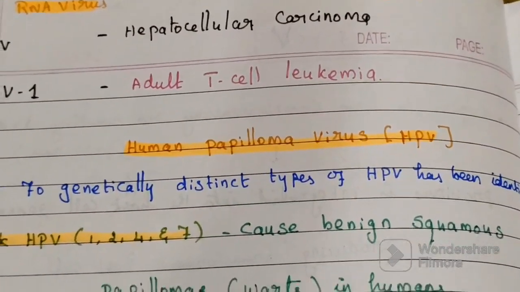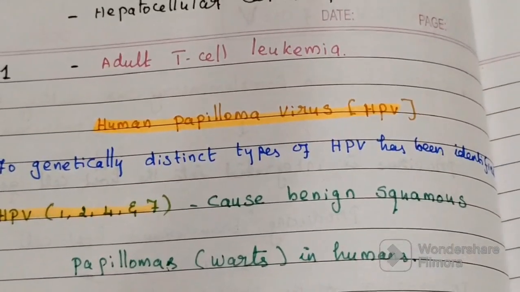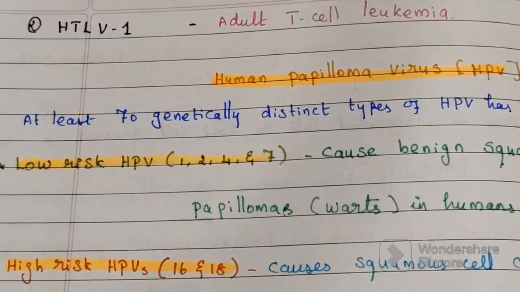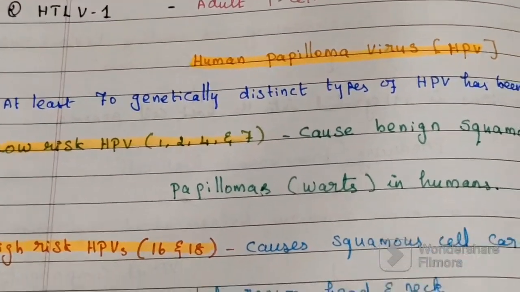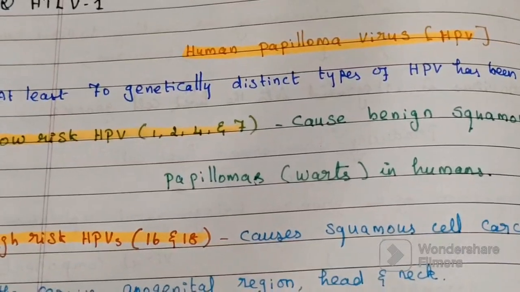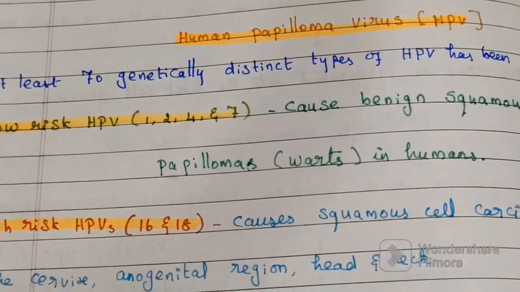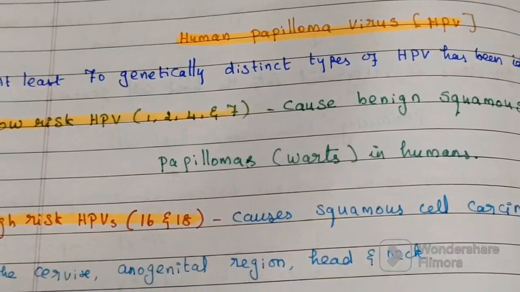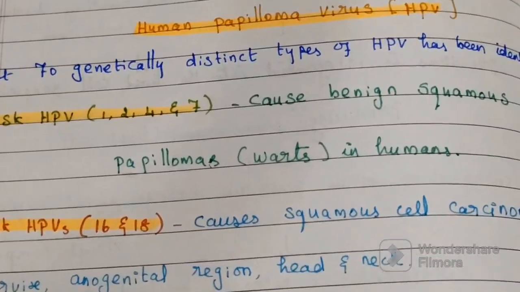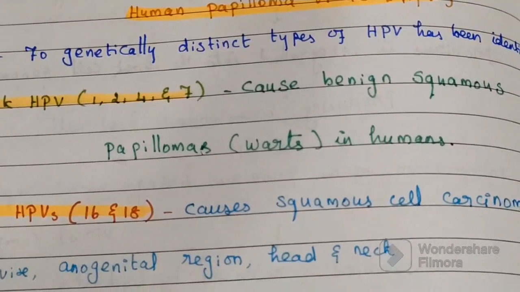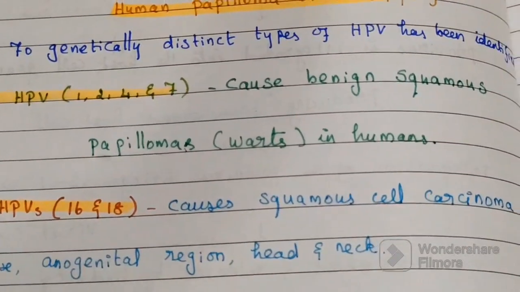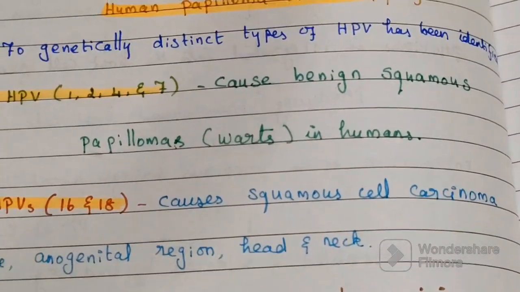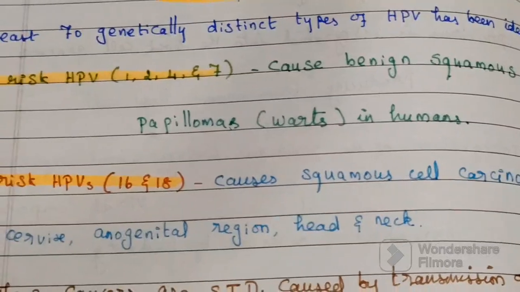First we will discuss human papilloma virus in detail. About 70 genetically different types of human papilloma virus have been identified. Lower risk human papilloma virus types 1, 2, 4 and 7 cause benign squamous papilloma, human warts.